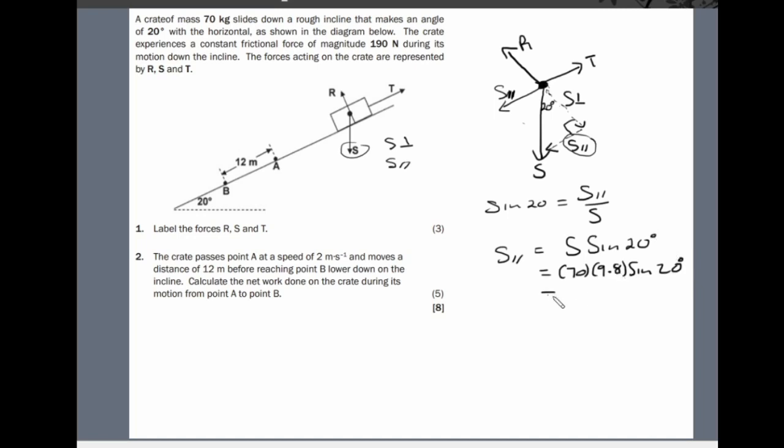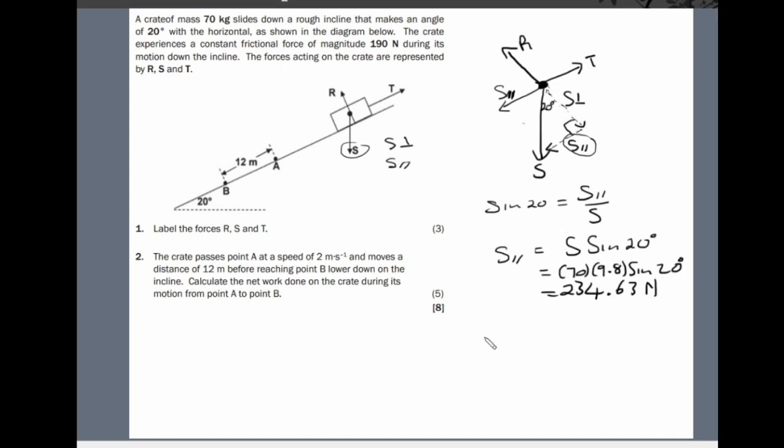And then this force is equal to 234.63 newtons, right?